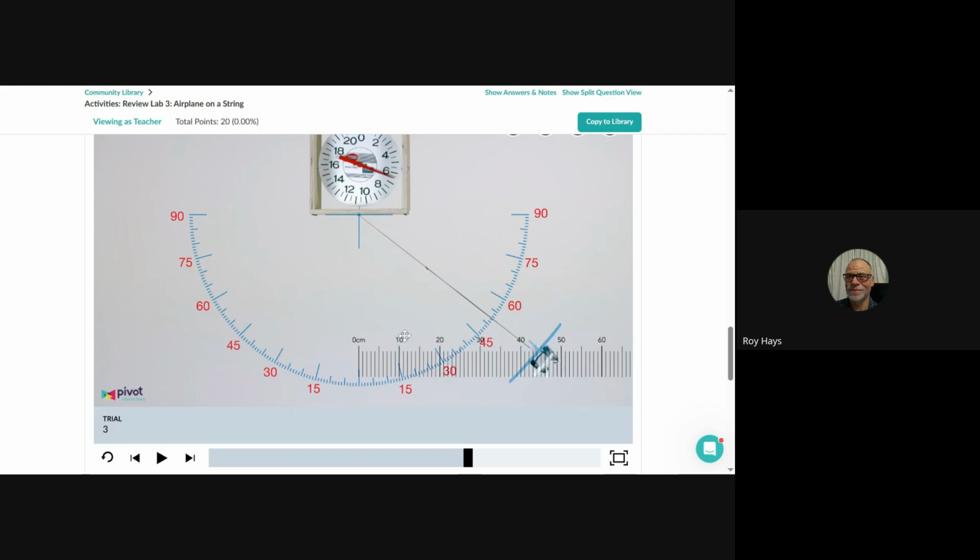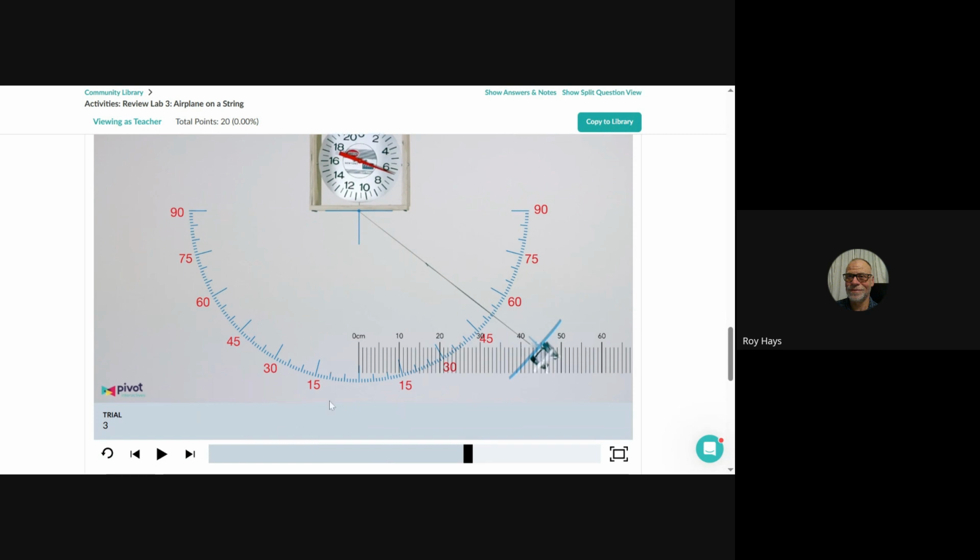When I put the protractor and the ruler back on and advance the video to where the plane is again at 52.5 degrees, I see that the actual radius to the center of mass, which I'm going to estimate to be about right here, is 0.44 meters. My estimate had been about 0.39 meters.